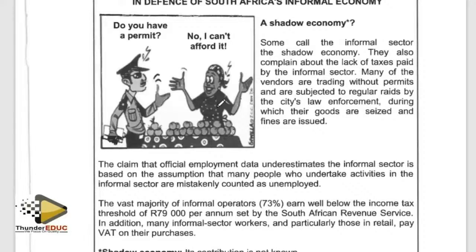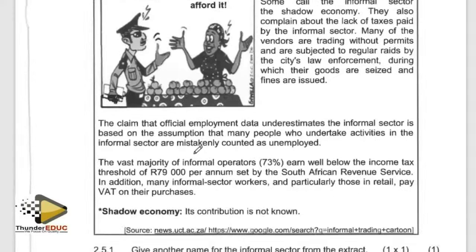Okay, the vast majority of the informal operators, 73%, earn well below the income tax threshold of 79,000 per annum set by the South African Revenue Service. In addition, many informal sector workers, and particularly those in retail, pay VAT on their purchases. So what is a shadow economy? The contribution is not known. It means there's no proper data. We don't see their contribution generally.